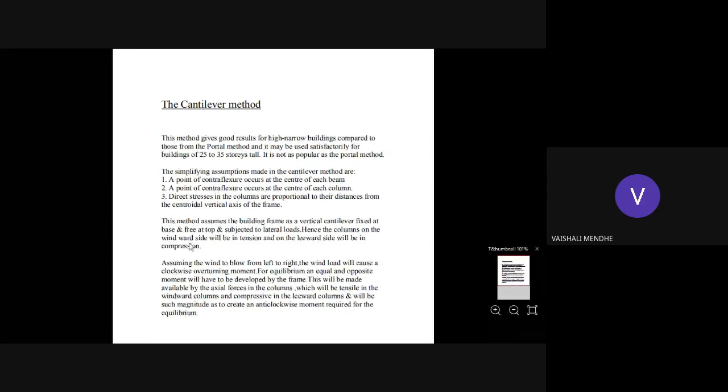The column on the windward side will be in tension and the leeward side will be in compression. Accordingly, we have to show the force in the column members. The column on the windward side will develop a tensile force, and the column on the leeward side will be in compression.